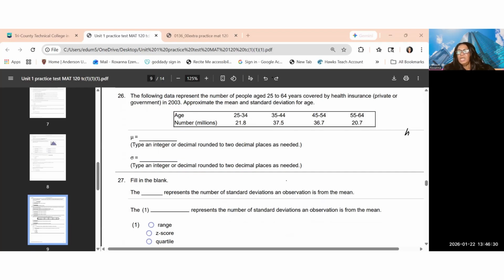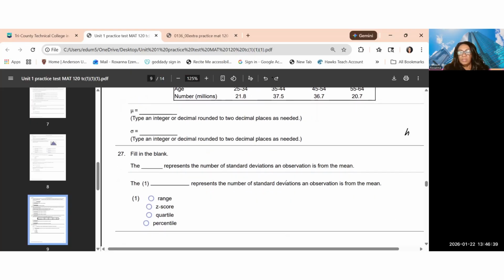Okay. Now we have the next column, which is 45 to 54.